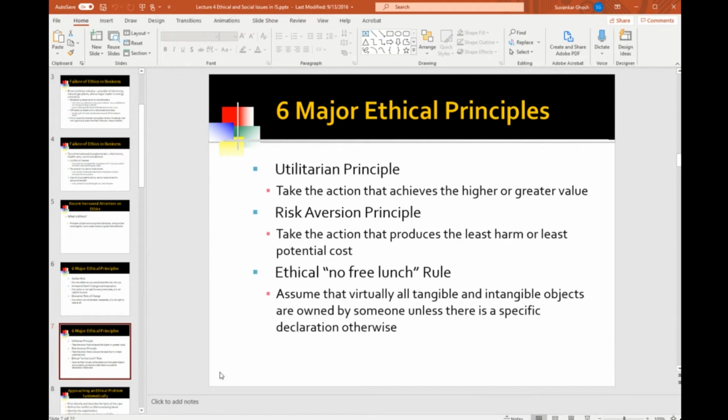The only principle that does not apply here is really the ethical no free lunch rule. Ethical no free lunch is about intellectual property, and in the IT context, theft of intellectual property.